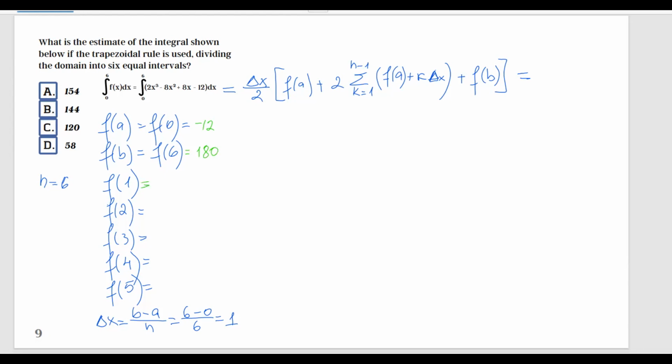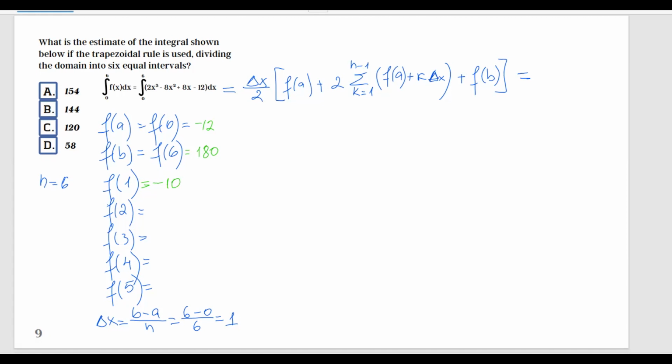And f of 1 is 2 minus 8 minus 6 plus 8 is 2. 2 minus 12 is minus 10.